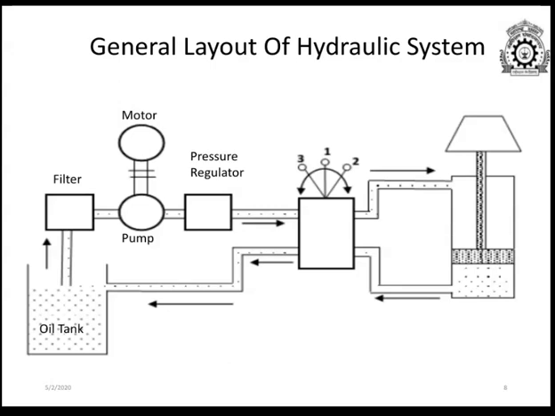So this pressure regulator is used to check whether excess pressure is there or the pressure is at normal working level. Then this high pressure oil is supplied to the direction control valve, where three possible conditions are there, 1, 2 and 3. One is used for off period, means in idle condition we can use this operation. Then second is for retardation, and third is for extension purpose.